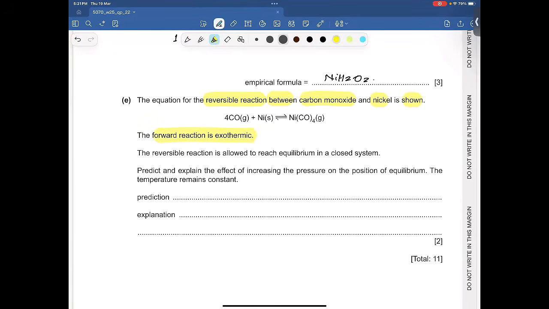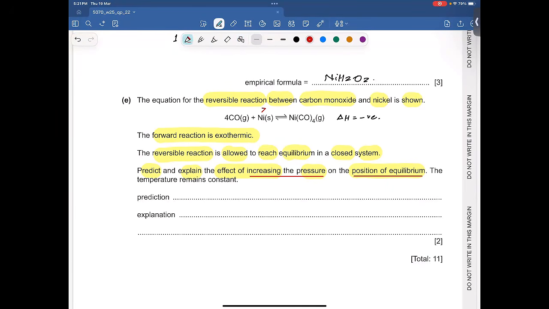The equation for the reversible reaction between carbon monoxide and nickel is shown. The forward reaction is exothermic, which means the delta H needs to be negative. The reversible reaction is allowed to reach equilibrium in a closed system. Predict and explain the effect of increasing the pressure on the position of equilibrium. First of all, I'm going to ignore nickel because it is solid.